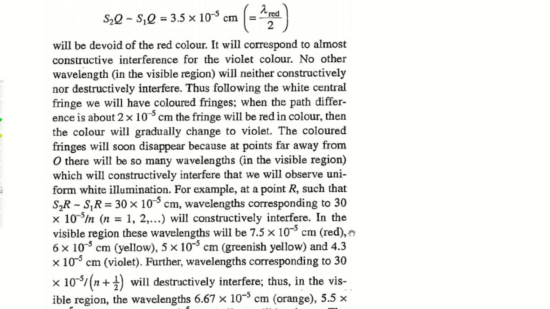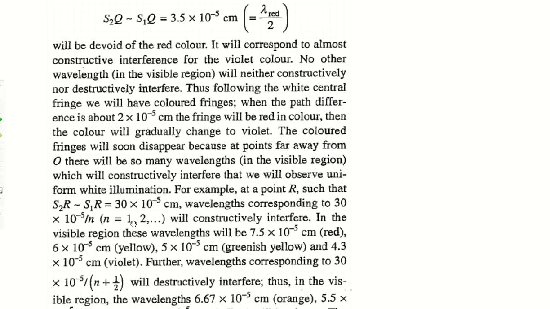So first take the maxima condition, where 30 into 10 to the minus 5 centimeter is the path difference. If we divide by n, then we will get the wavelength of the light corresponding to the constructive interference.